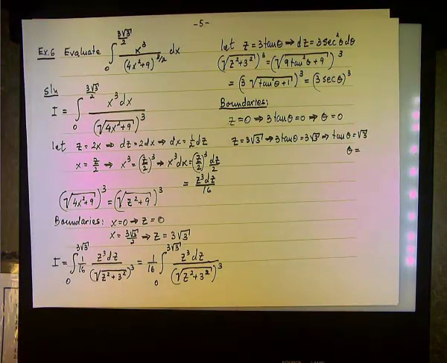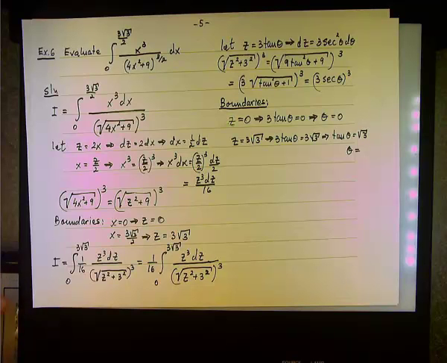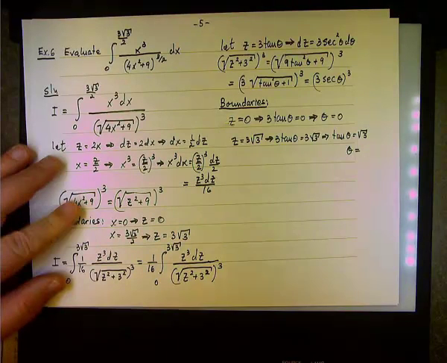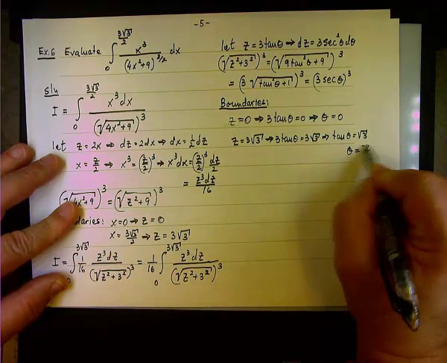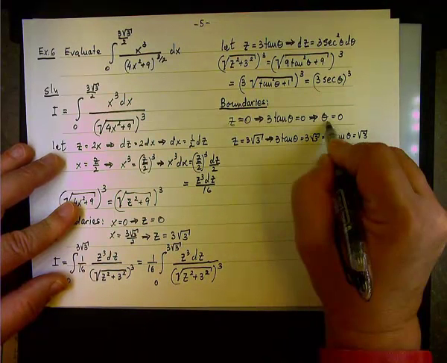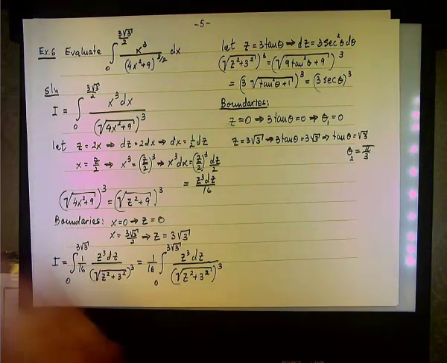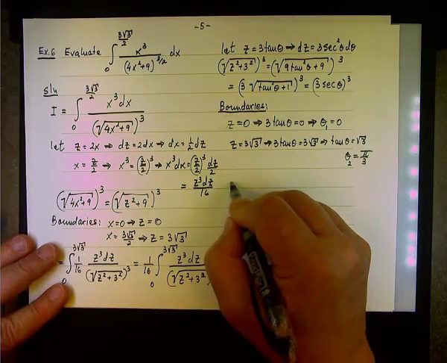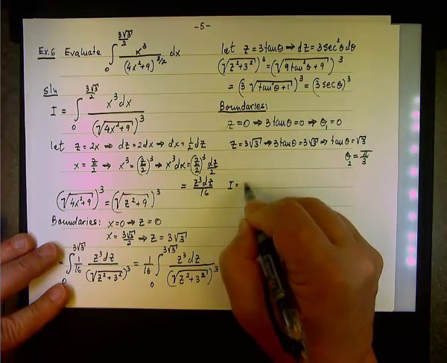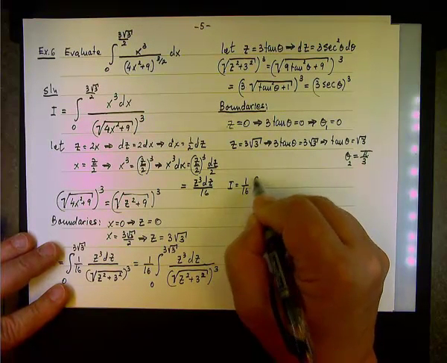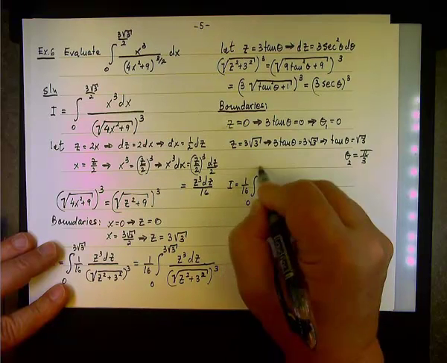What angle in radian measure produces tangent that equals square root of 3? Well, that will be pi over 3, or 60 degrees. So theta 1 will be 0, and theta 2 will be pi over 3. And now we're ready to rewrite the integral. We have 1 over 16, the boundaries, 0 to pi over 3.